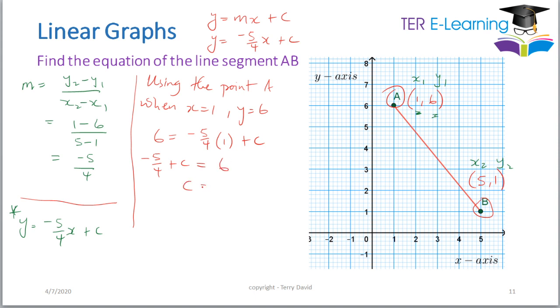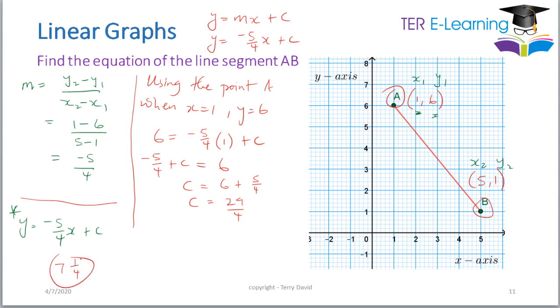Therefore, c is equal to 6 plus 5 over 4. So c is equal to 7 1/4. But like I said, we need to write your answer as 29 over 4, so try not to use 7 1/4.